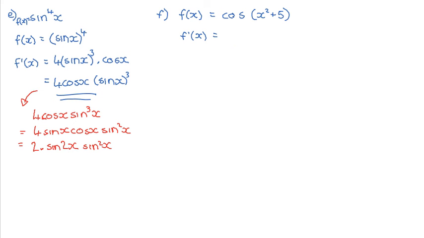So cos becomes negative sine of x squared plus 5. And then I want to multiply by the derivative of the inner function, which is just 2x. And if I just write this in a slightly nicer way, negative 2x sine of x squared plus 5.